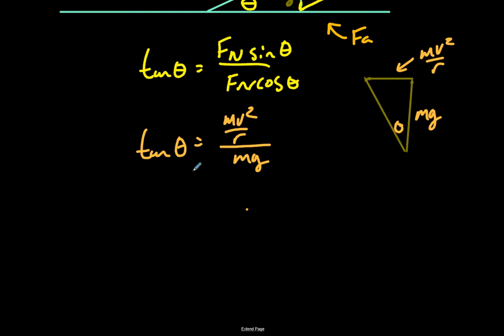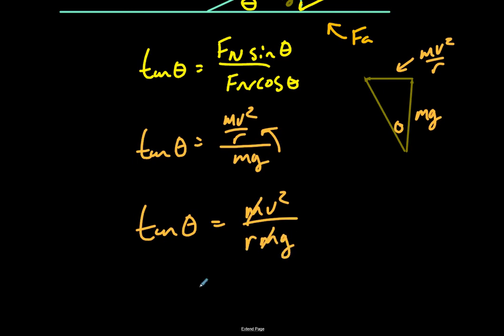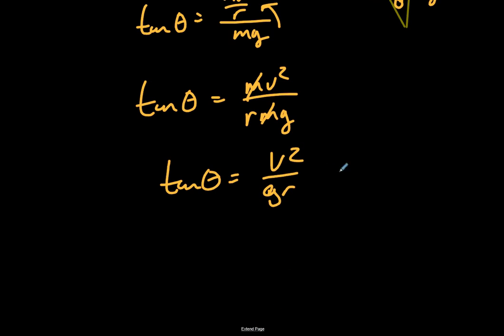And we can do some algebra on this. So we're dividing this by this, which is the same as saying mv squared over r, bringing this up, because we're going to divide by this, then divide by that. So we can just divide by the product of all of them: rmg. The m's cancel off, and we're left with this. The tan of theta must be equal to v squared over gr. It's not usually left in this form.